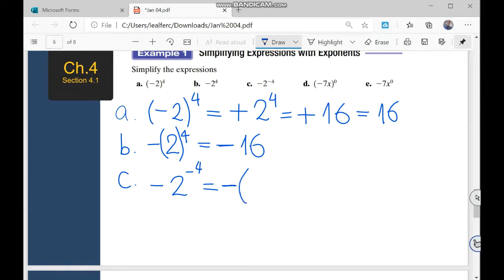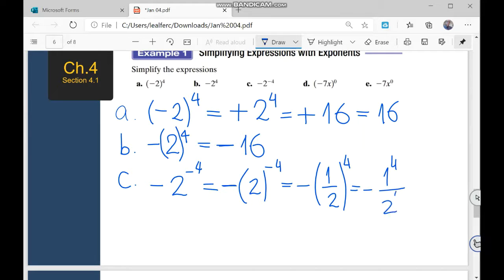Only 2 is submitted to the exponent. That means 1 over 2, and keep the exponent but with a positive sign. 1 exponent 4 over 2 exponent 4, and this is equal to negative 1 over 2 times 2, 4 times 2, 8 times 2, 16. And this is the answer.